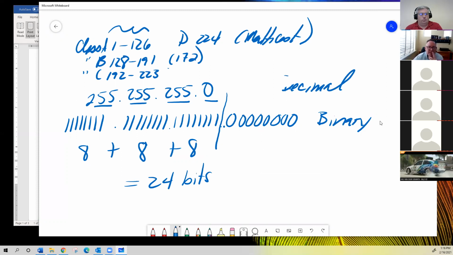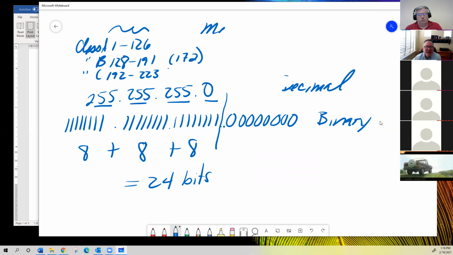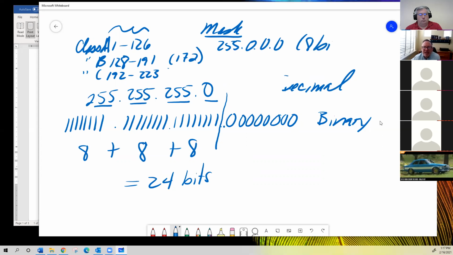And with each class, there is a default mask. If it's a class A, it's 255.0.0.0. So it's really an 8-bit mask.